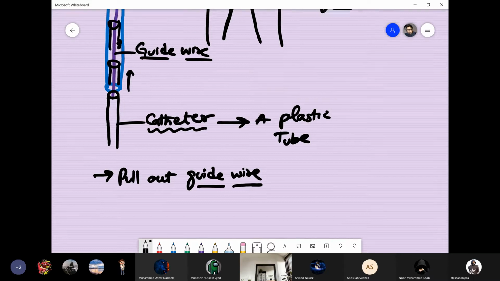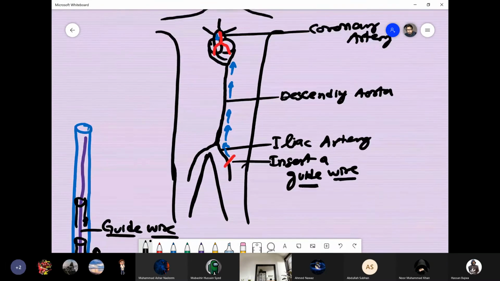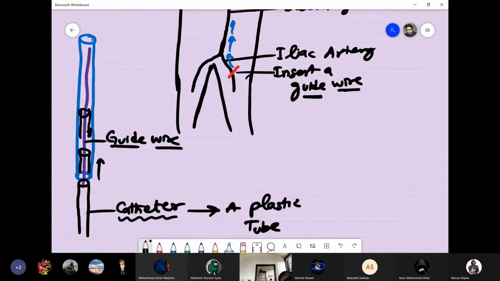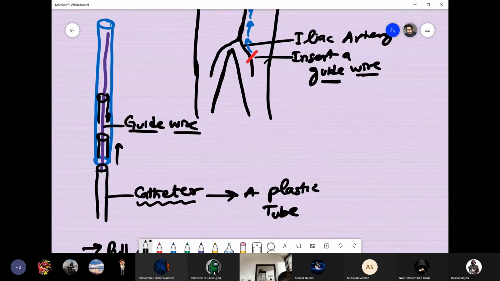Now, the doctor wants to know which coronary artery has atherosclerosis, in which part of the coronary artery narrowing of the blood vessels has happened. For that purpose, the doctors inject a liquid from here, a fluorescent liquid.